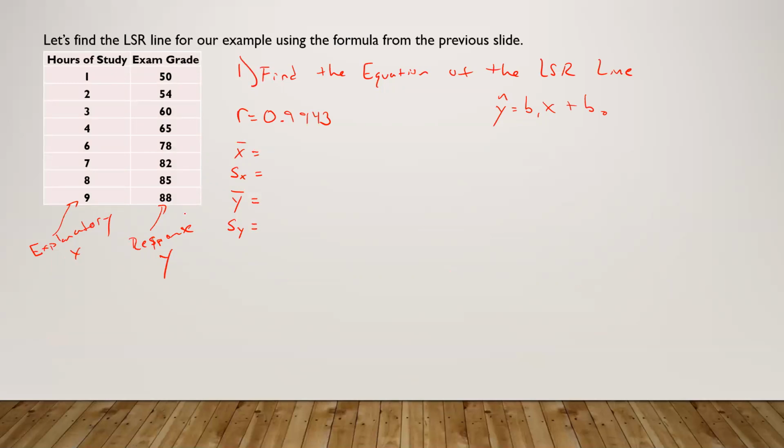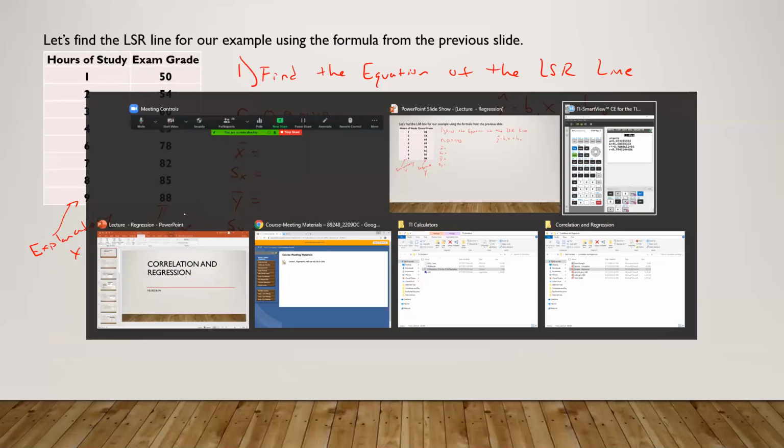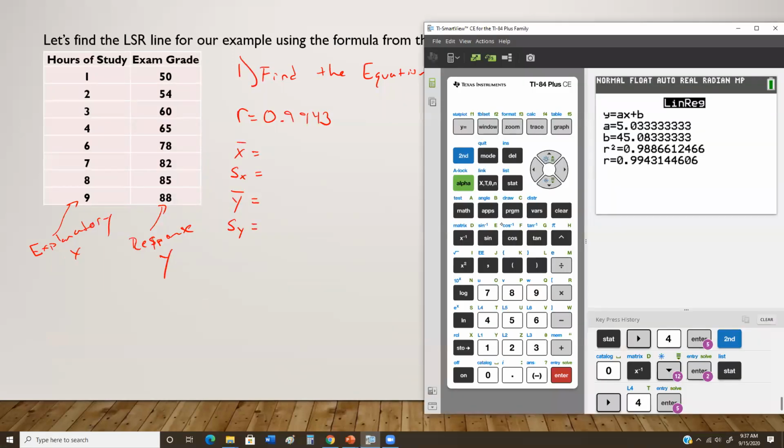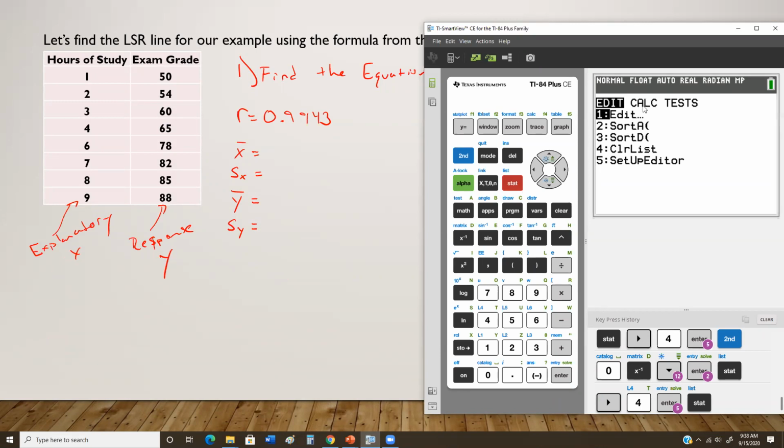Grab your trusty calculator. You have the data plugged into your calculator. Everybody hit the stat button on their calculator now. I want my calculator to do all these crazy calculations for us, so I'm going to go over to calc.